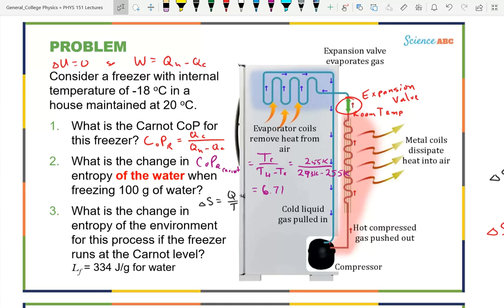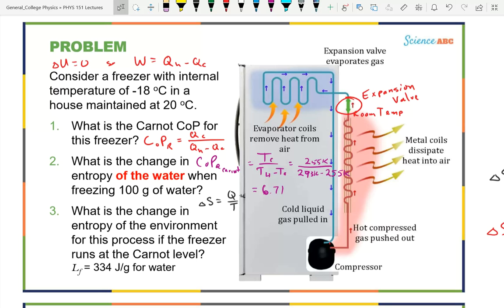Let's go back to what we saw with this refrigerator. How much heat is removed from the interior? It was 33,400 joules. How much heat was exhausted? No, the heat.